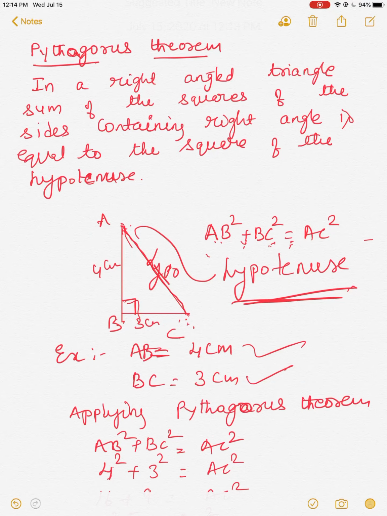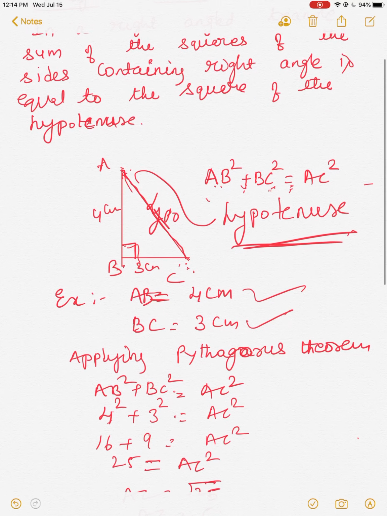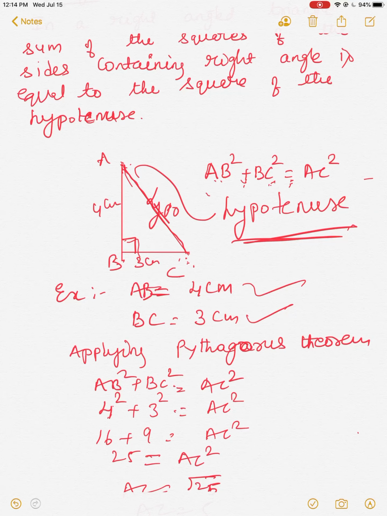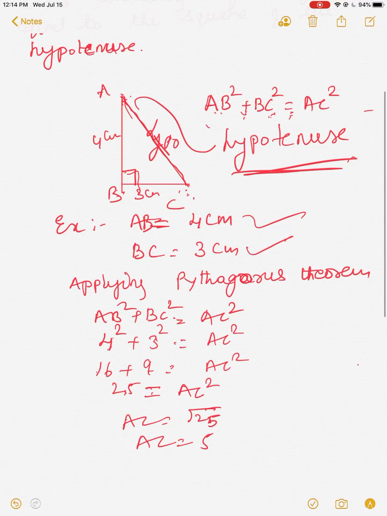BC is 3, so 3 square. If you add up, that should be equal to AC square. 4 square is 16. 3 square is 9. 16 plus 9 is 25. 25 is equal to AC square. So AC will be the square root of 25. So AC is equal to 5 centimeters.